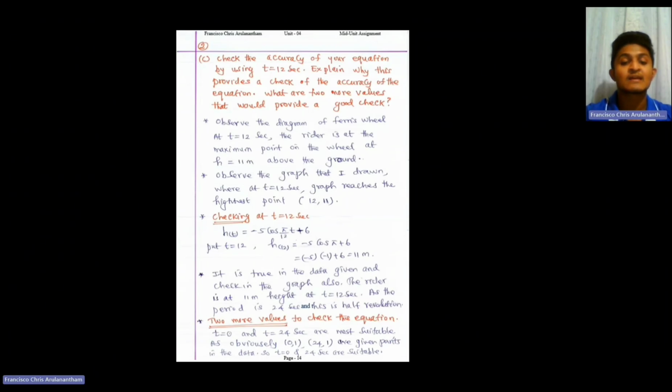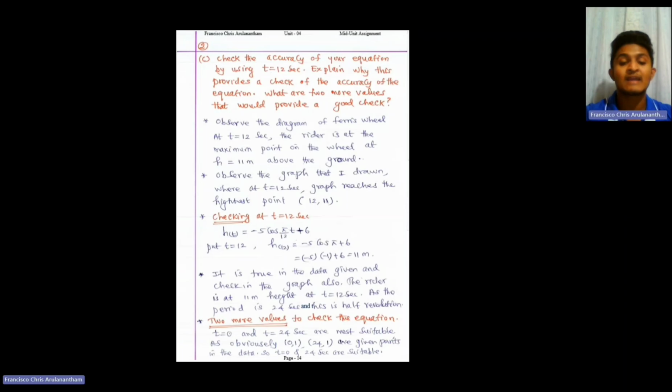Next, checking at t equal to 12 seconds. h(t) is equal to minus 5 cos(pi over 12 t) plus 6. If we substitute t as 12, h(12) is equal to minus 5 cos pi plus 6.